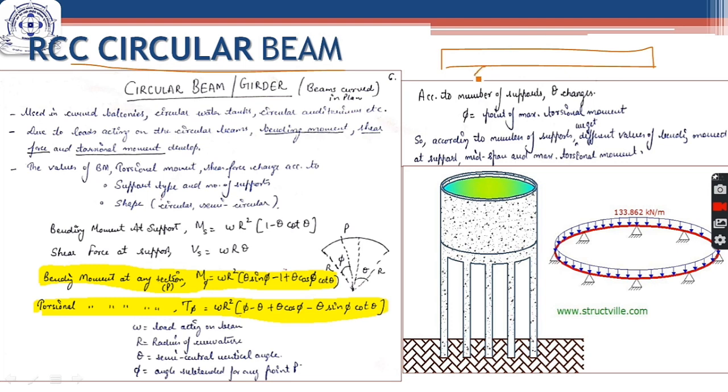If this is a rectangular beam which is a continuous beam, and it is acted upon by vertical loads from above, then we analyze this beam according to any of the methods, and we calculate the moments and shear forces at various points, and we calculate the reinforcement due to these moments at various points, either as positive moments or as negative moments.